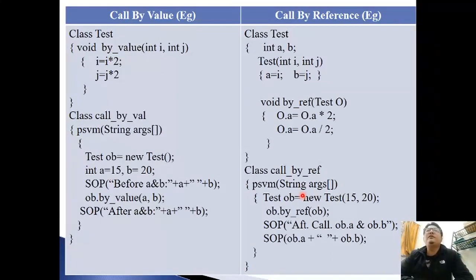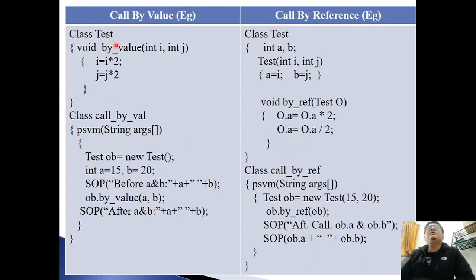For a recap only, suppose I have two integer variables declared here, maybe instance variables int i and int j, or int a and b. Instead of i and j, you can have a and b also if declared as instance variables.